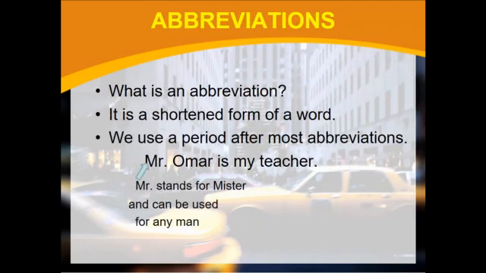What is an abbreviation? My dear students, an abbreviation is a shortened form of a word. We use a period after most abbreviations. In this sentence, Mr. Omar is my teacher.